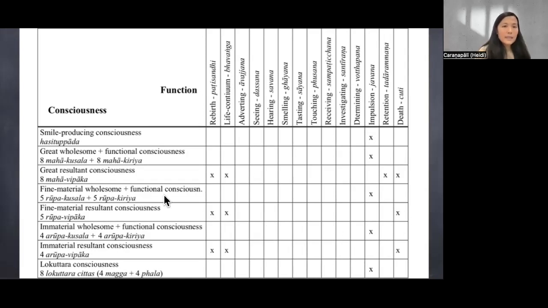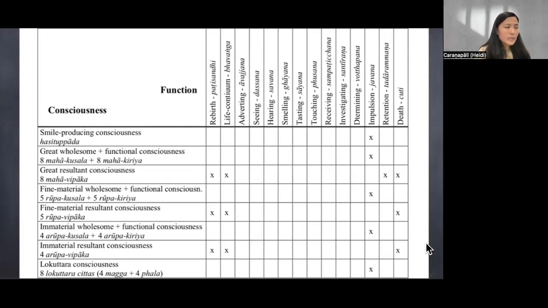That means that if a person attains the rupavacara jhana, or here also the same thing, arupavacara jhana, its resultant will give rebirth in the rupavacara or arupavacara realm, no? So that being will be reborn there with this type of rebirth consciousness. So these types of resultant perform the rebirth, bhavanga, and chuti.